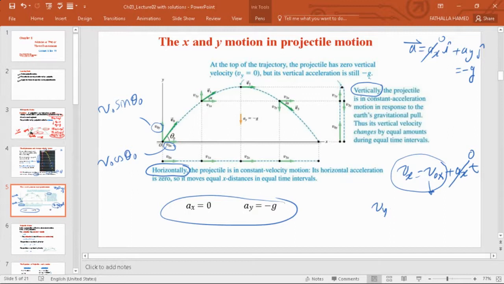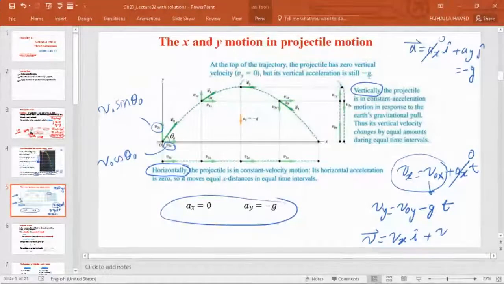But if you look at your Vy, it is V0y minus gt. And you will find out that at the maximum height, your Vy is going to be 0. And then it will drop down. But when you look at your velocity, it is Vx i hat plus Vy j hat.